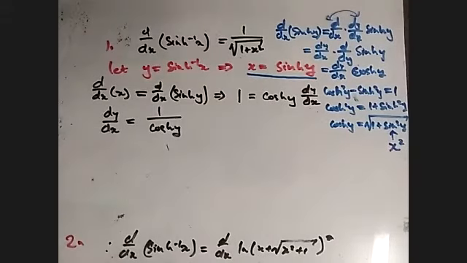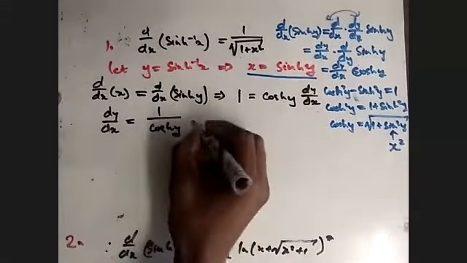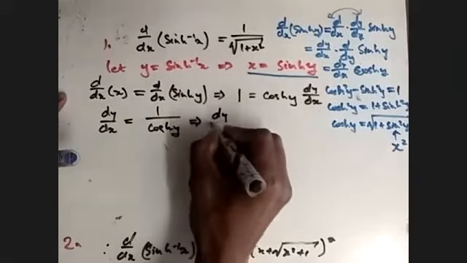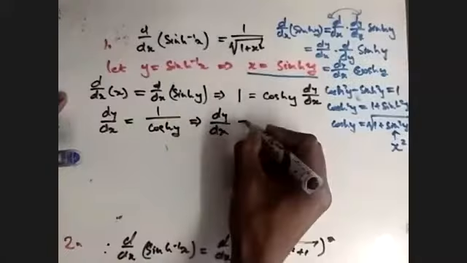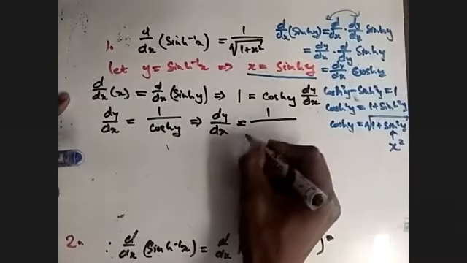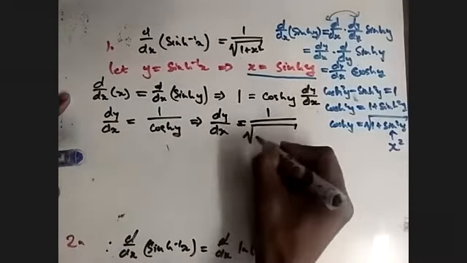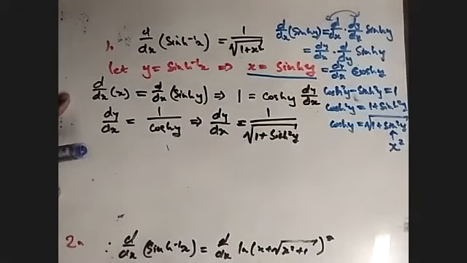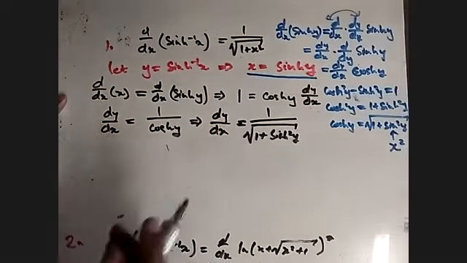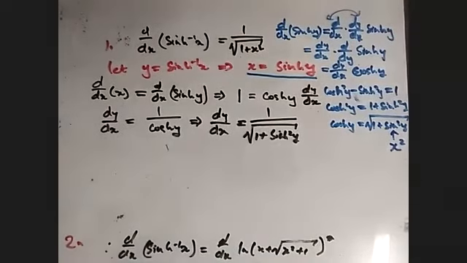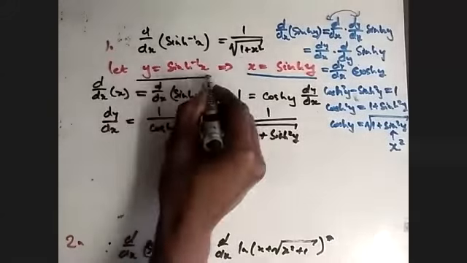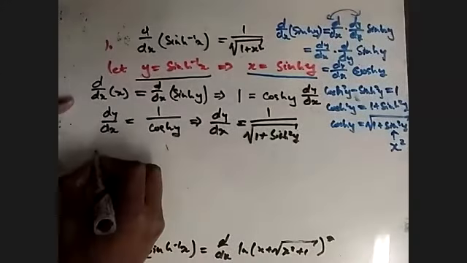Then therefore, rather than writing cosh y, we can say this can be rewritten as dy dx of 1 over the square root of 1 plus sinh squared y. Do you see that, my man? And I said to you, but wait a minute. What did we denote y as?